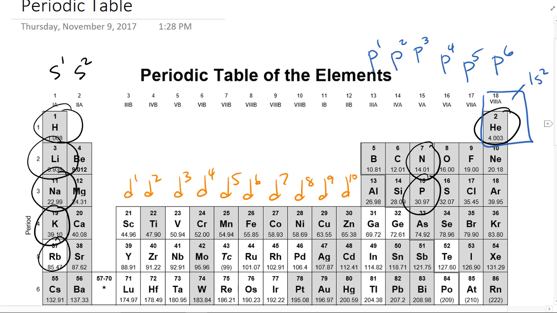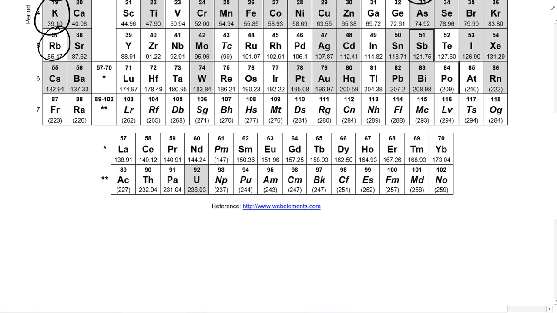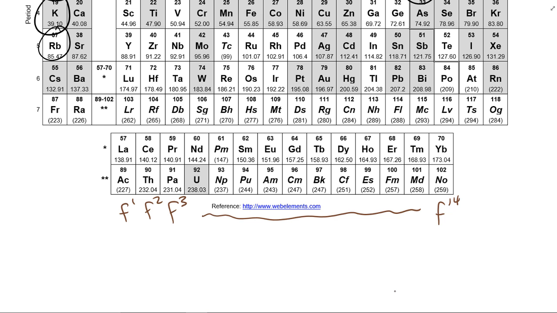And where are we going to find the F's? At the bottom. Those are your inner transitions. And so we count F1, F2, F3. If we go all the way across, we're going to wind up with F14. If you don't believe me, count across there, you're going to find that we have a total of 14 elements going across that streak.